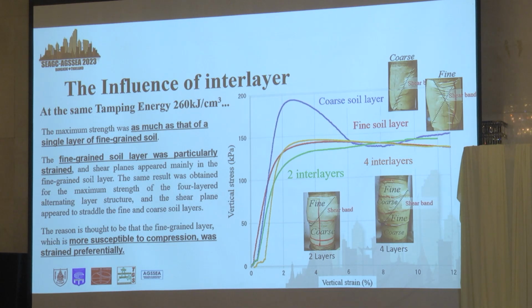For the interlayered structure, on the other hand, the same result was obtained as the fine-grained soil single layer, but the shear plane appeared to straddle the fine and the coarse soil layers. The reason is thought to be that the fine-grained layer, which is more susceptible to compression, was strained preferentially.